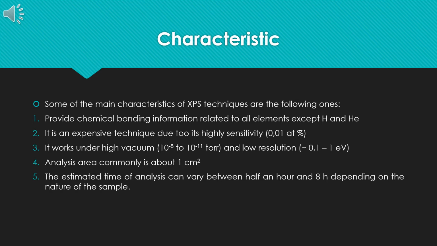The third is that it works under high vacuum, around 10^-8 to 10^-11 torr, and low resolution. The next is that the analysis area is commonly about 1 square centimeter. And the last characteristic is that the estimated analysis time can vary between half an hour and 8 hours, depending on the nature of the sample.